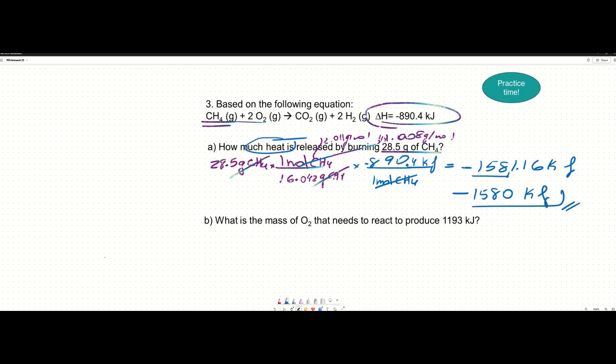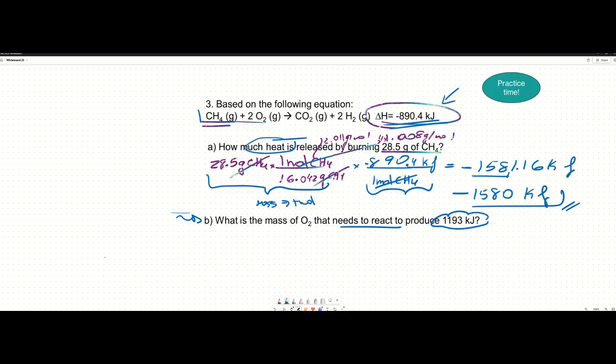Okay, easy. So first you convert mass to moles, and then you use as a unit factor what you know. You know that for 1 mole of methane, I release 890.4 kilojoules. Second question is, what is the mass of oxygen that needs to react to produce 1,093 kilojoules?